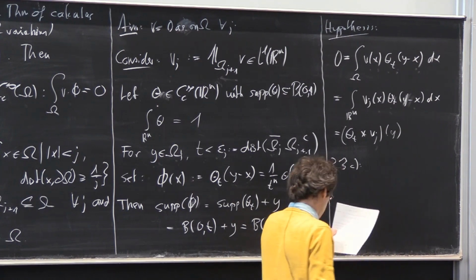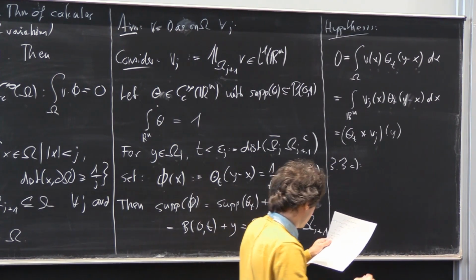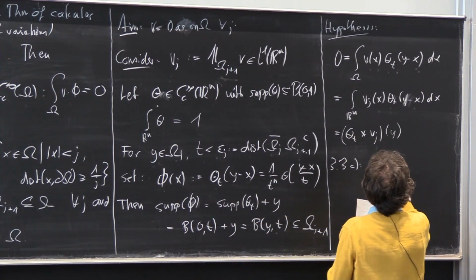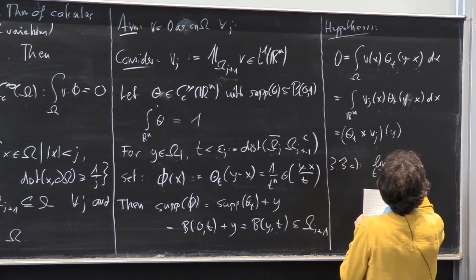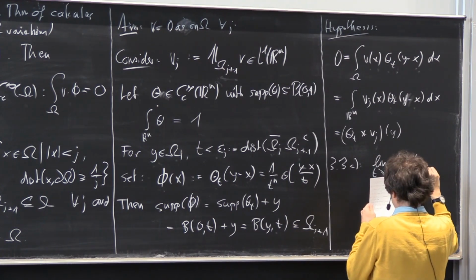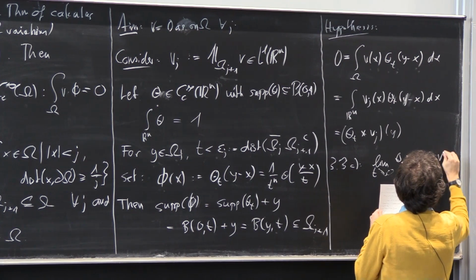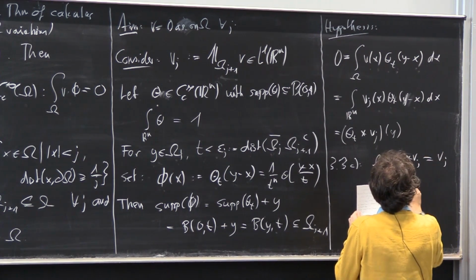So this is proposition 3.3c, which tells you that the limit t going to 0 of theta t convoluted with Vj is just Vj, in L1.